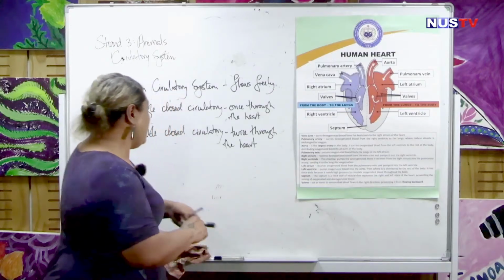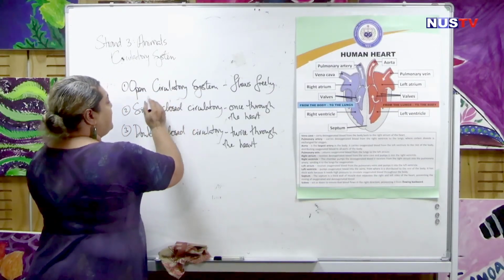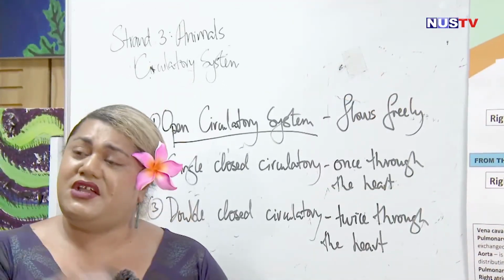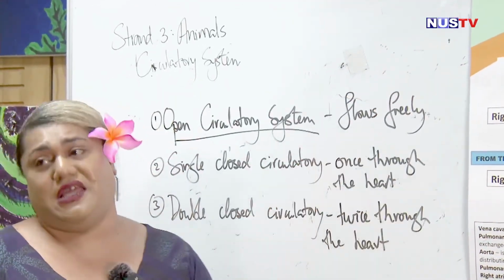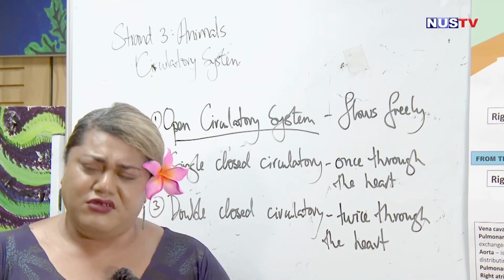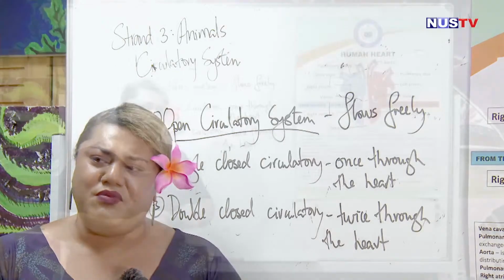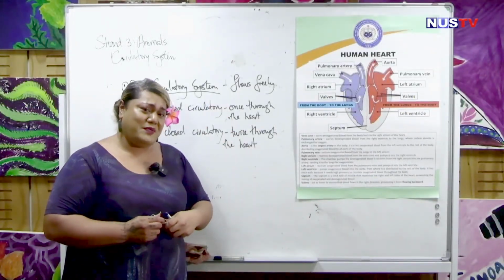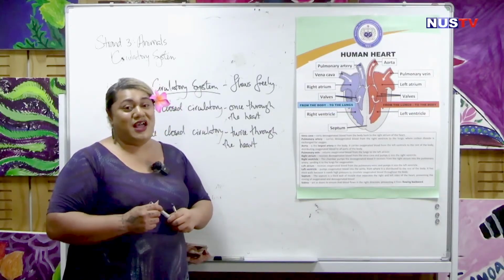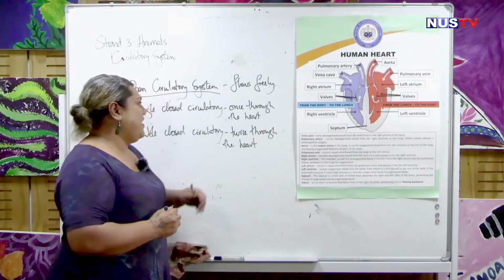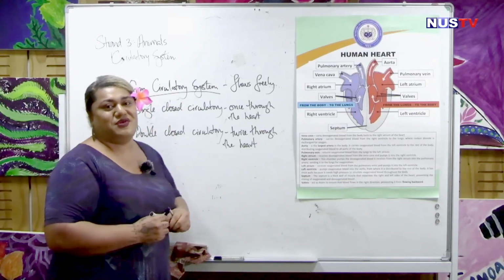So the open circulatory system is a system where the materials flow freely within an organism. So do you remember an organism that has this open circulatory system? Worms and snails, they have an open circulatory system.